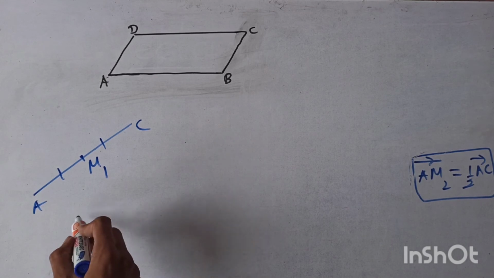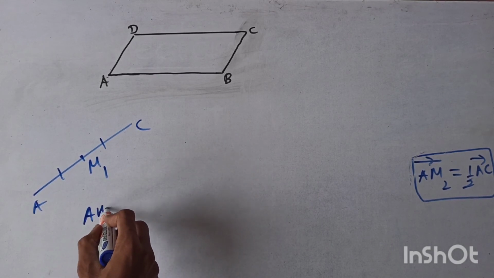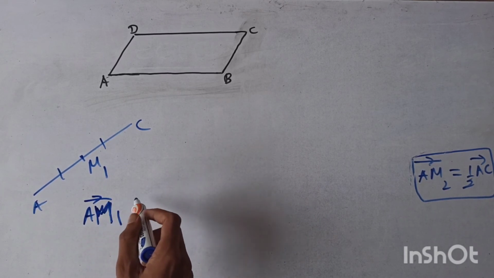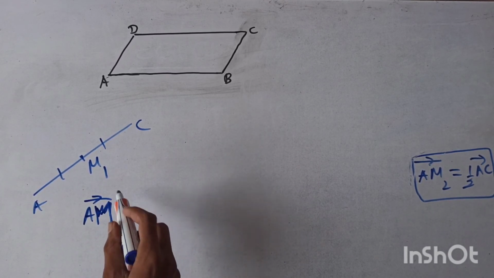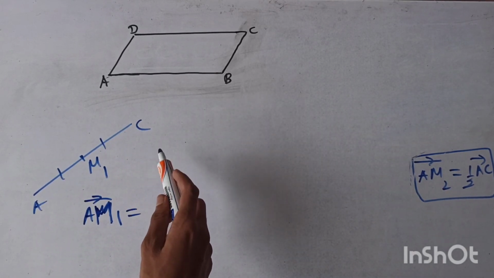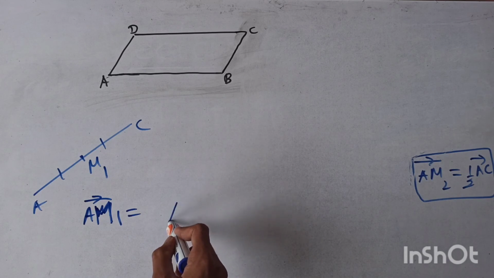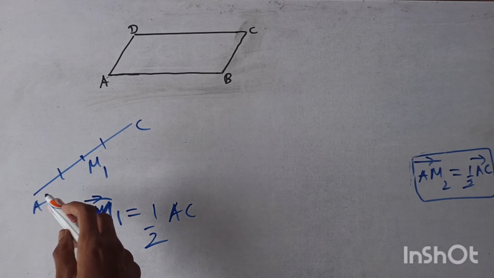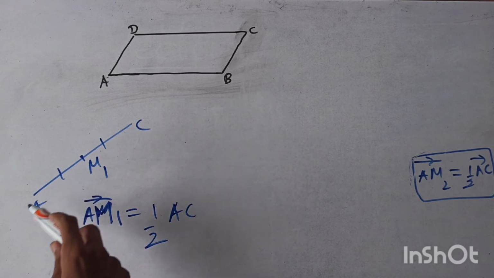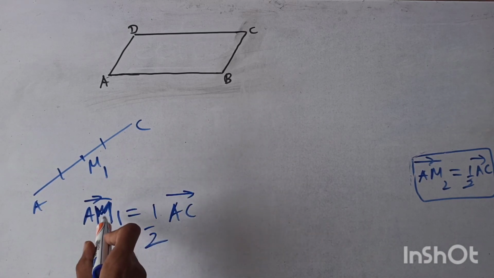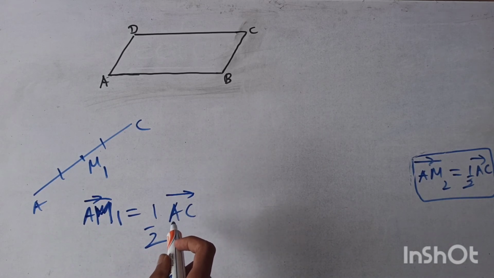So AM1 vector, we can clearly see that it is half the magnitude of AC. Also, we can clearly identify the vector AC is parallel to vector AM1. So we can write AM1 vector as half times vector AC.